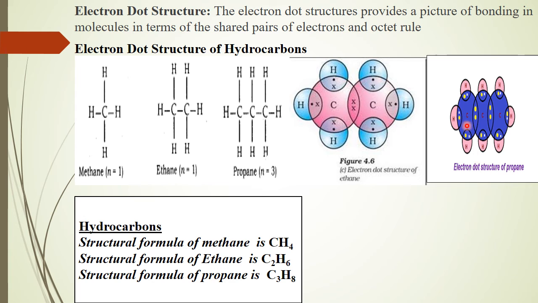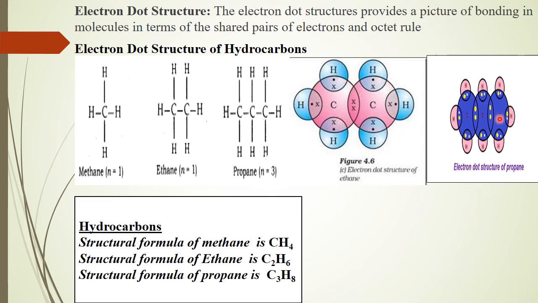Now let's see the electron dot structure of propane. Prop means there should be 3 carbon atoms. So here also this carbon has shared 1 electron with this hydrogen, second hydrogen, third hydrogen, and fourth it has shared with this carbon. This carbon has shared 1 electron with this carbon, one electron with this hydrogen, one electron with this hydrogen.